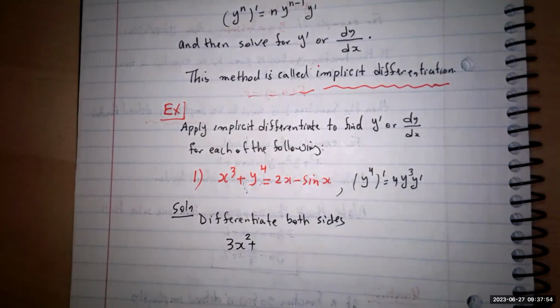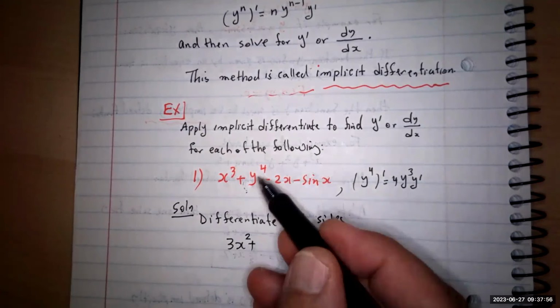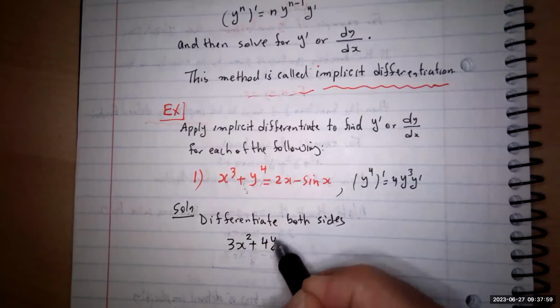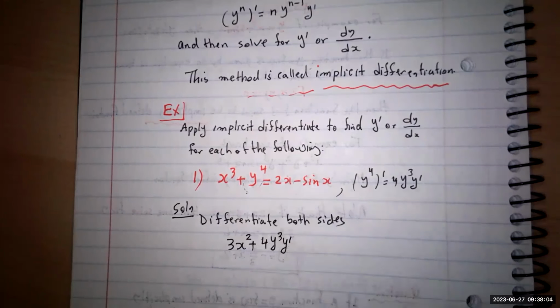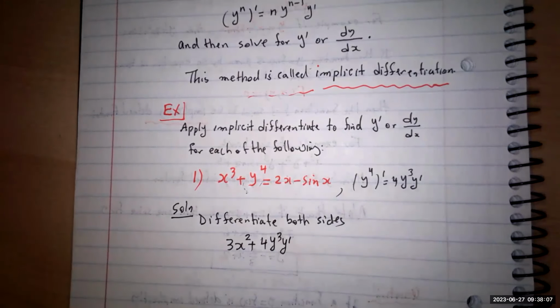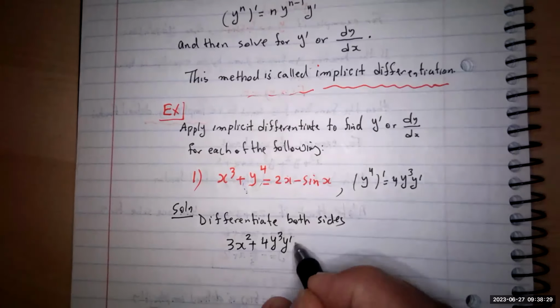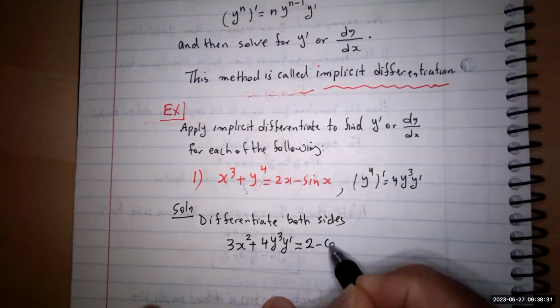For y, we use the chain rule: 4y cubed times the derivative of the inside, which is y prime. Because there is something inside y but nothing inside x, we get 3x squared. On the other side, the derivative of 2x is 2, and the derivative of sine is cosine. That's it.